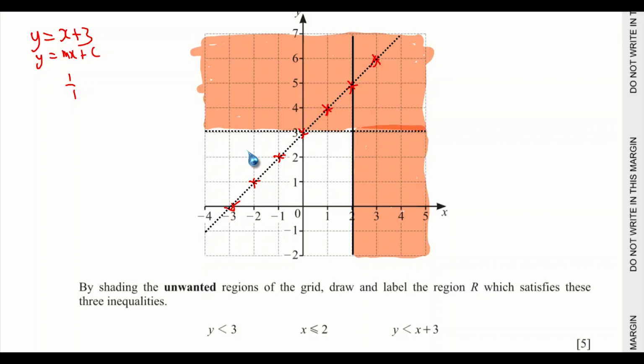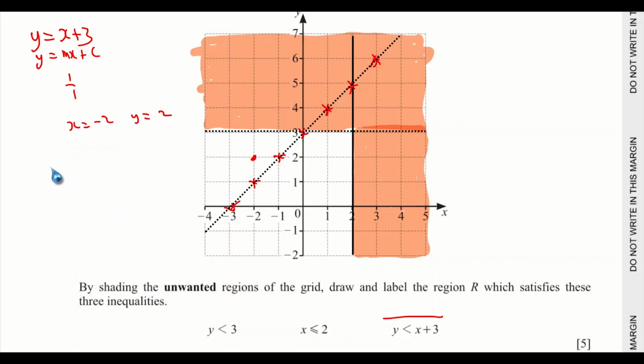You can just take a point to test which is the wanted area or the unwanted area. If I pick this point here, for instance, I want to know if this side is my wanted area or unwanted area. So here x equals -2 and y equals 2.